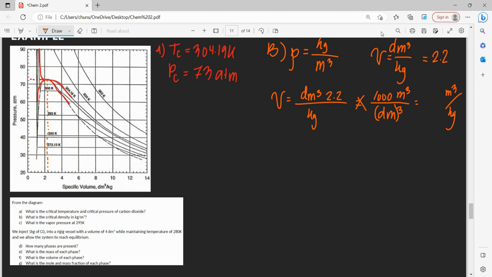So then this is equal to 2.2 times 1,000, which is 2,200.